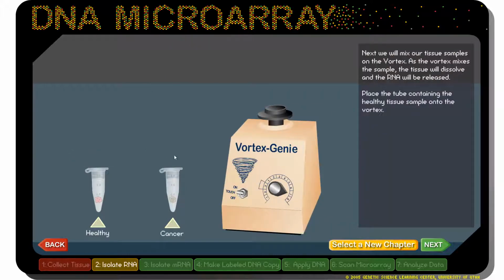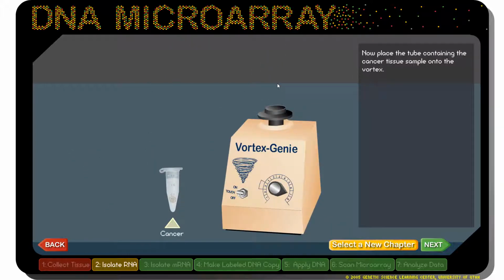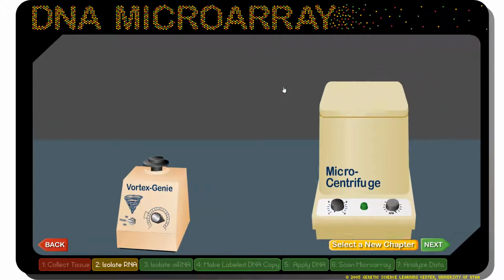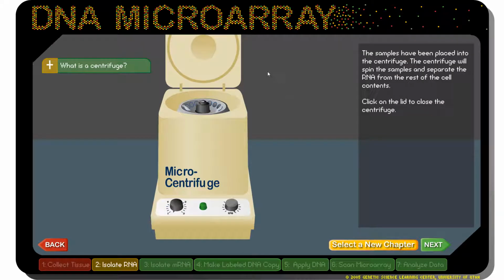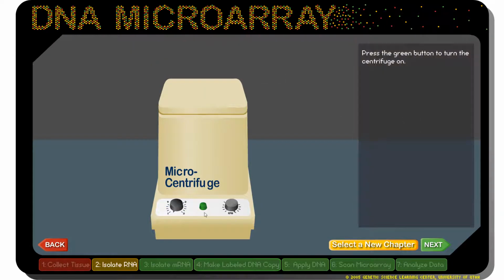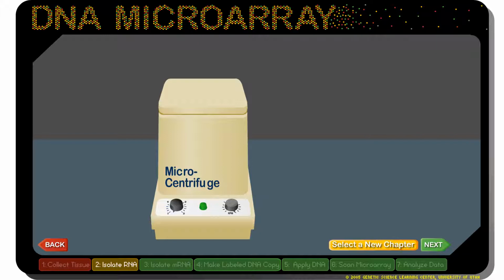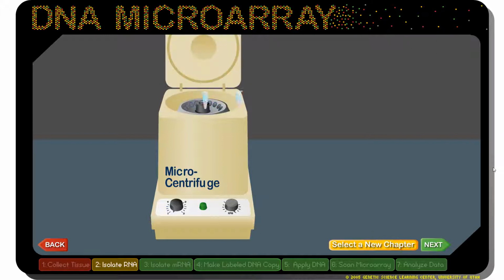We have this vortex mixer here to agitate our samples uniformly and efficiently. Then of course, like what we did in DNA extraction, we will also centrifuge our samples to separate the RNA from the remaining cell debris that we are not interested in.